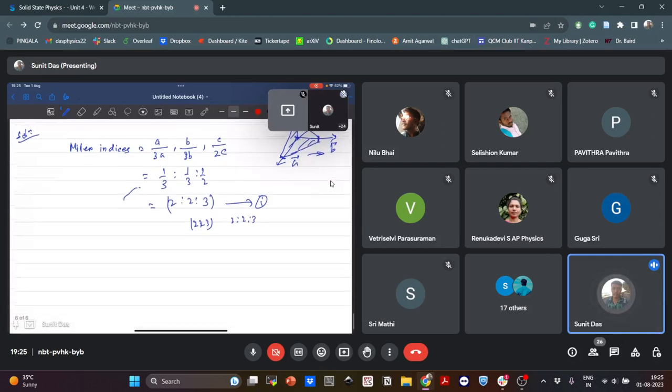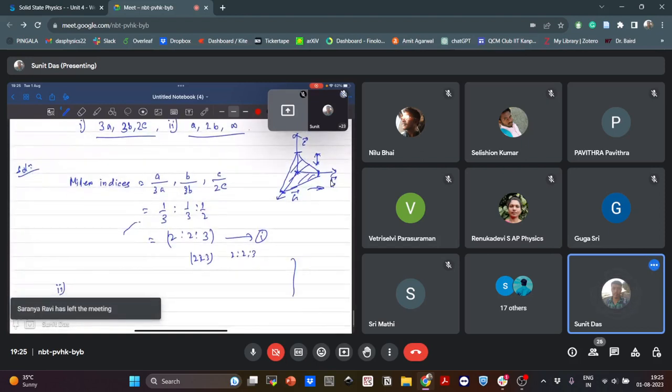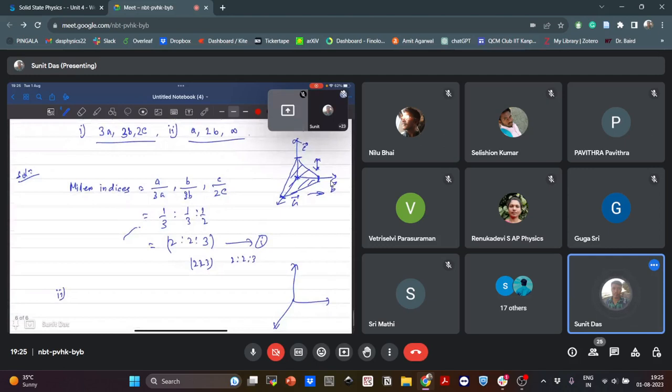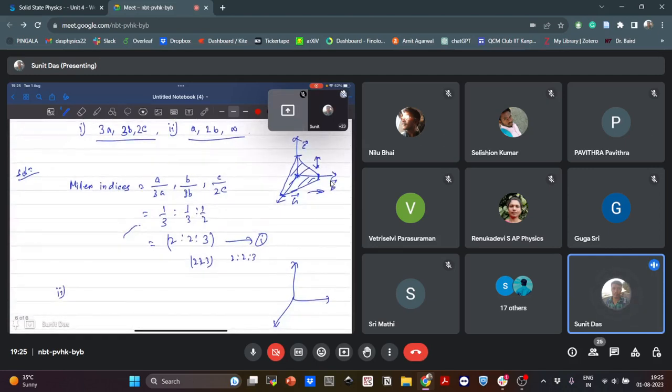And for the second problem, the intercepts are A, 2B, and infinity. What is meant by infinity basically? Along this direction, the plane never intercepts. That's why it is infinity. Or in simple words, the plane in the question is parallel to the c direction.